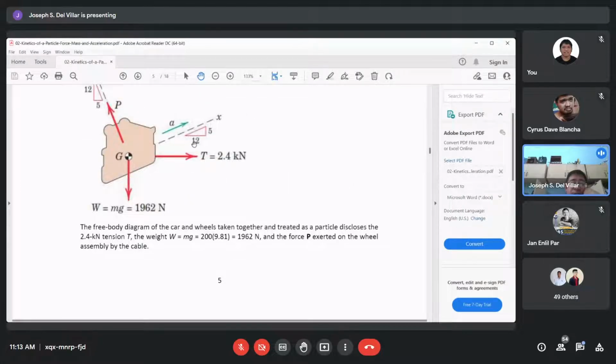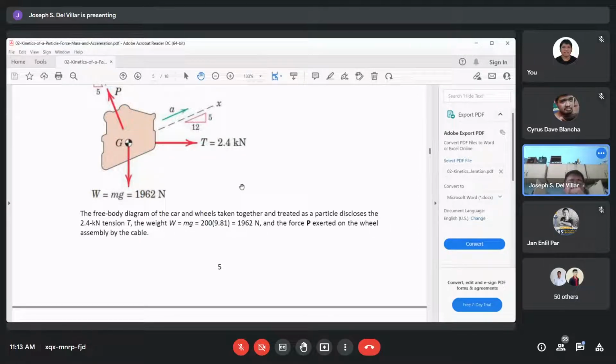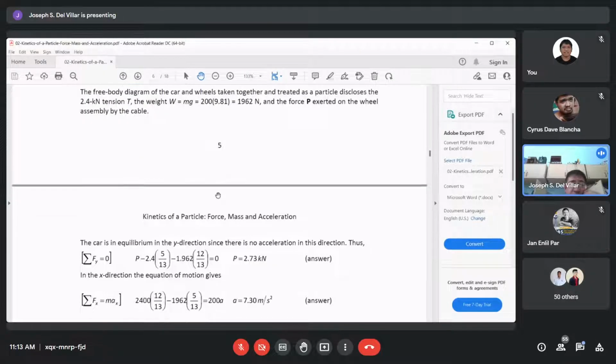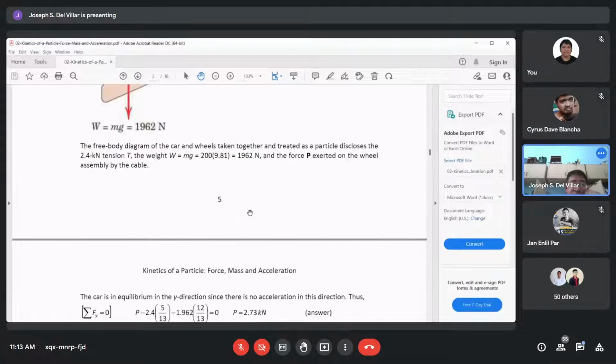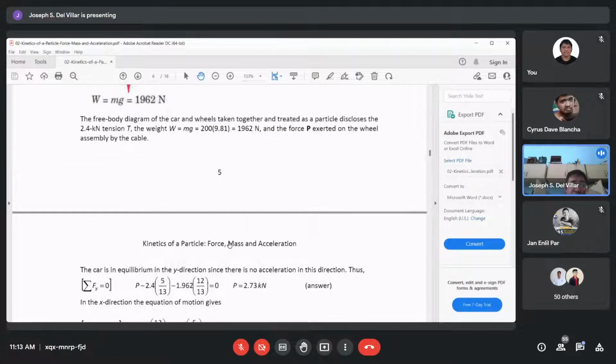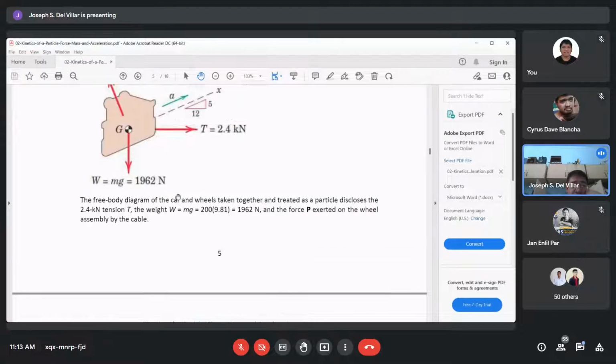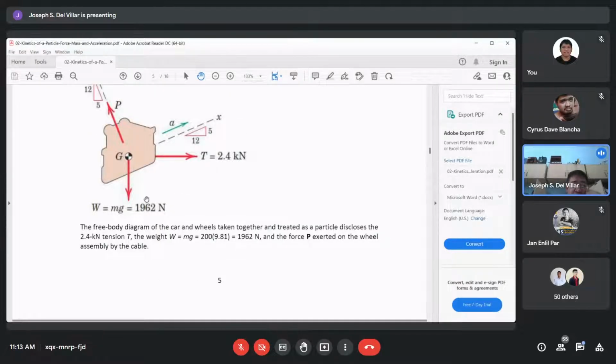Why 12? Because 12 is the adjacent along X, so 12 over the hypotenuse. Positive because to the right. And then minus the X component of the weight, which is in the third quadrant.